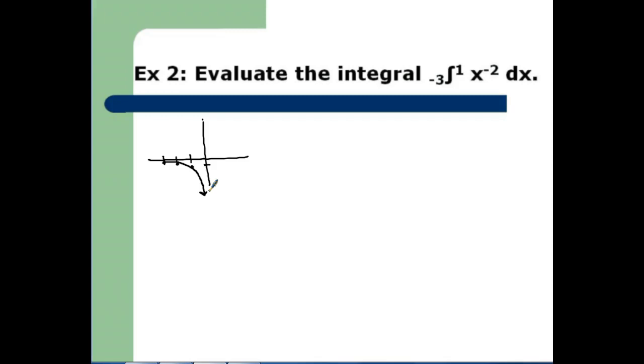It still won't work because 0 is an asymptote either way.